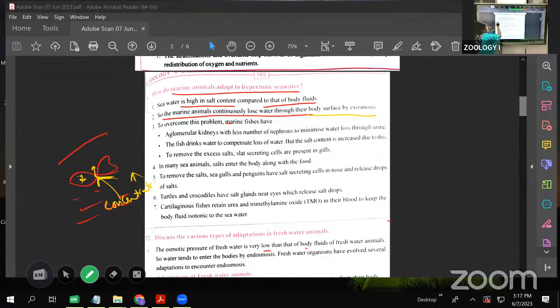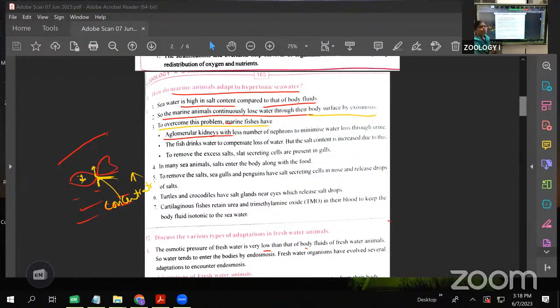To overcome this problem of dehydration, marine fishes have some adaptations. They have aglomerular kidneys.